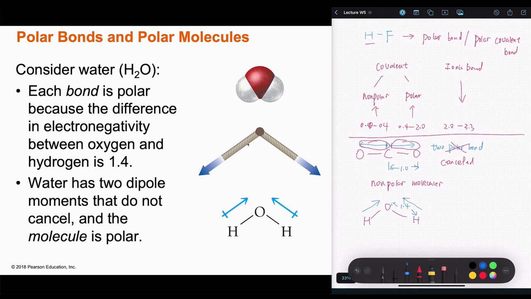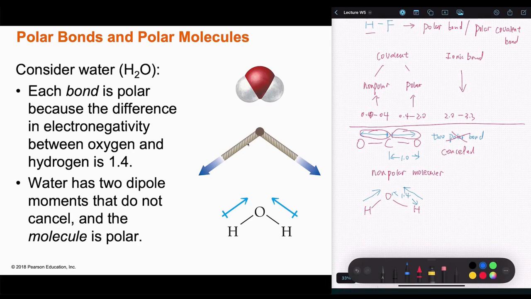So this water molecule has two polar bonds and has the dipole moments pointing to two different directions. One is pointing to the upper left, one is pointing to the upper right.